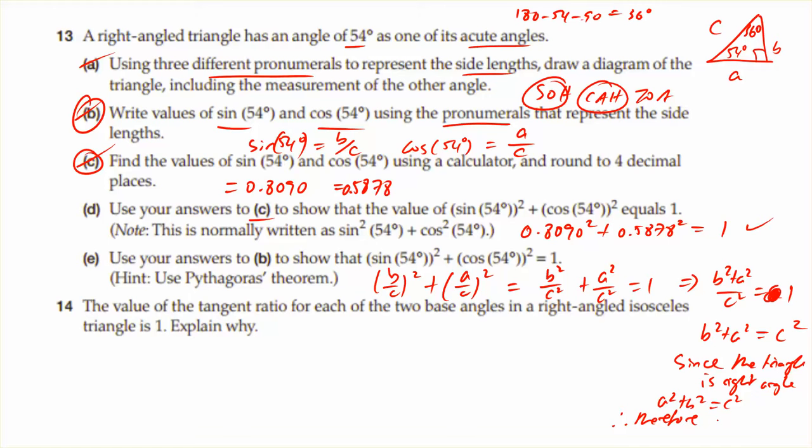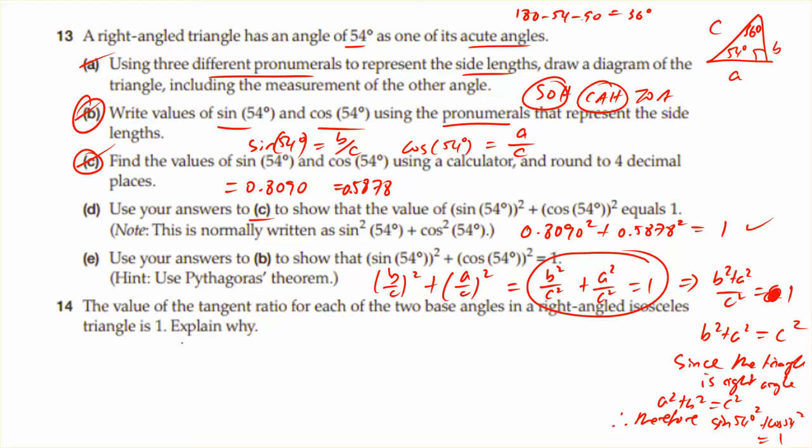Therefore, sine 54 squared plus cosine 54 squared equals 1. Okay, so we've proven using just rearranging and Pythagoras that A squared plus B squared equals C squared, and that's true. So we're just proving that this statement is actually true, which we did.